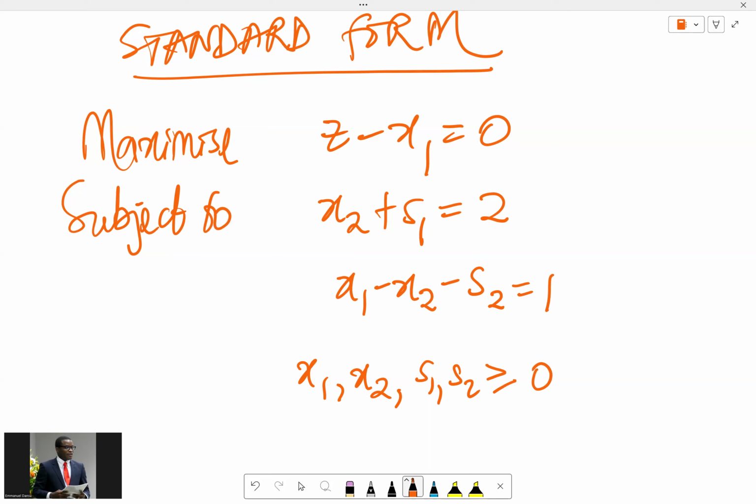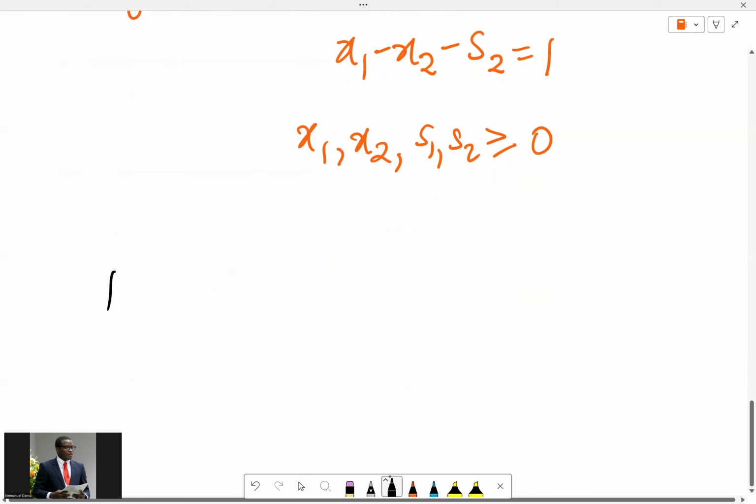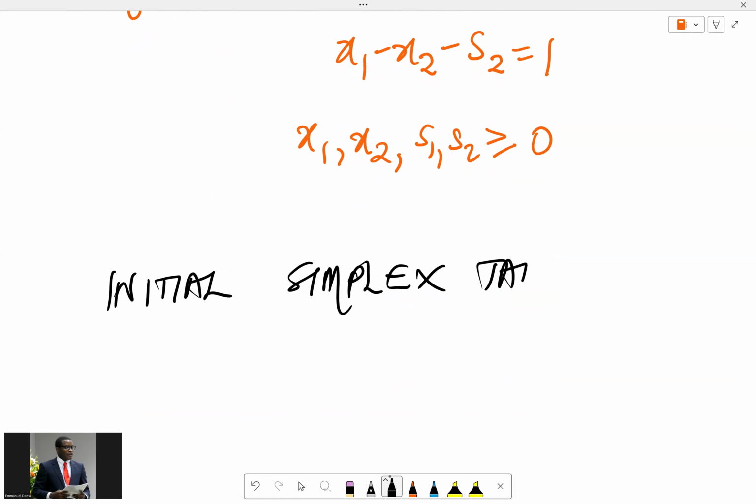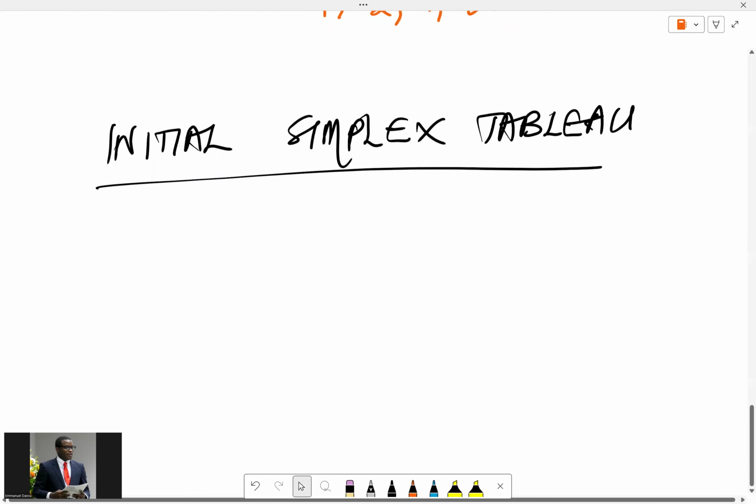The next thing is to set up the initial simplex tableau. The first simplex tableau is called the initial simplex tableau. Just like I introduced in the last two videos, instead of having a full-fledged table, you can just put it in matrix form.